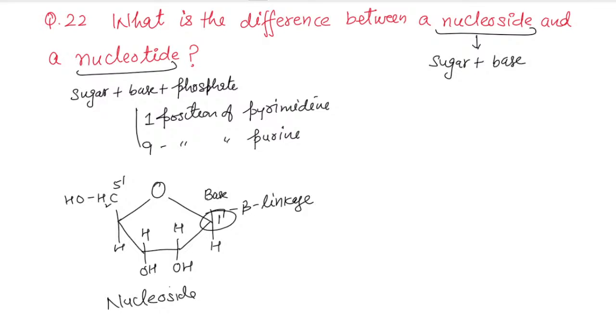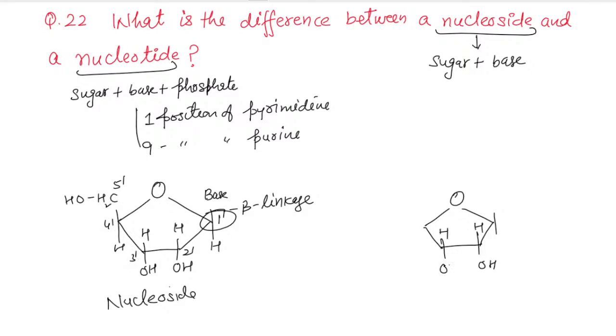And in nucleotide, see, this is H, OH, 1 dash, 2 dash, 3 dash and 4 dash.